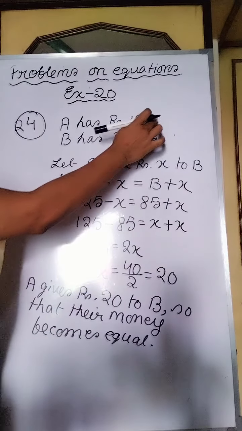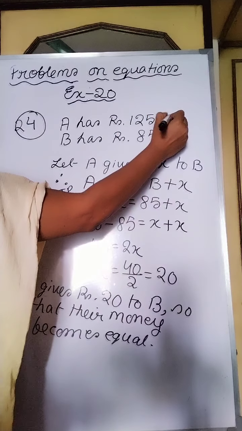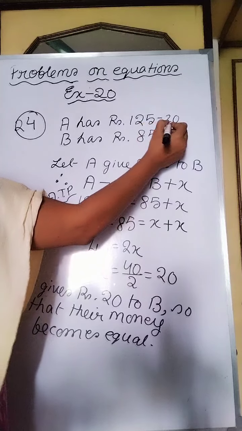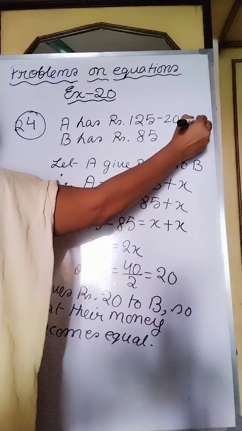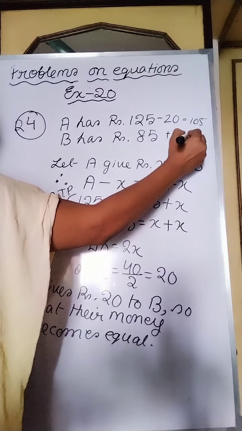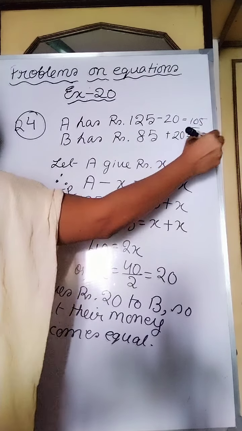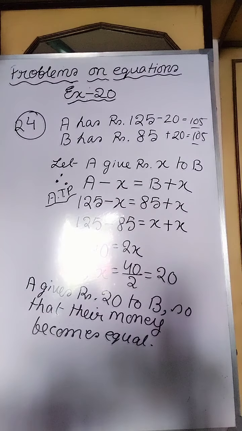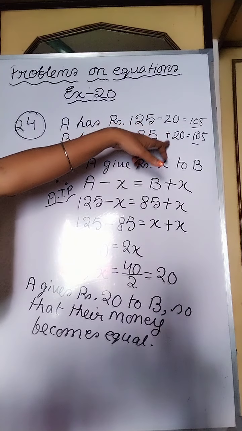If A gives rupees 20, so minus 20 you can do in rough work. 125 minus 20 will make it 105, and 85 plus 20 will make it 105. See, both are equal.